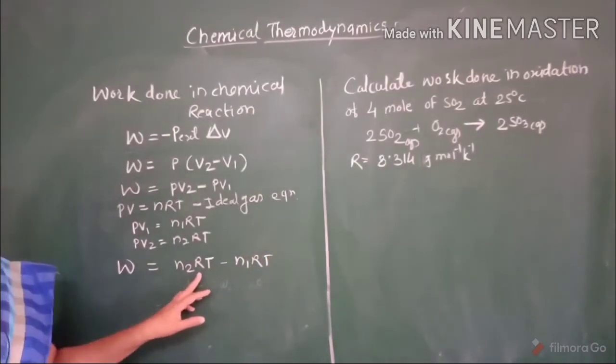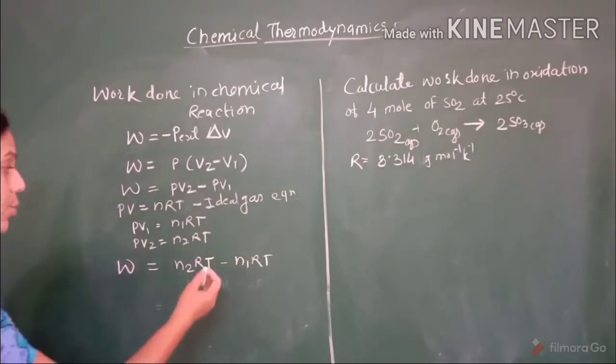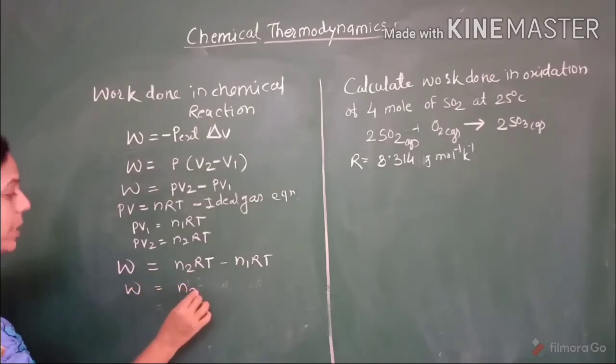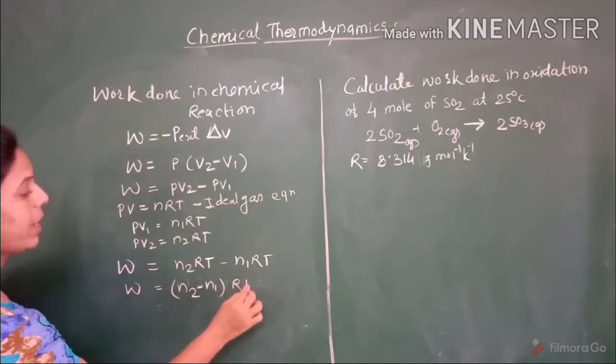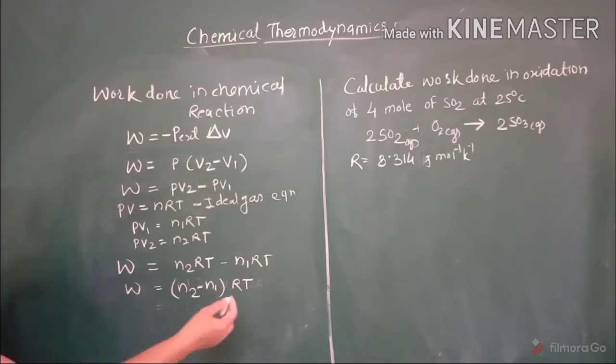Here R is the gas constant and your process is isothermal, that means temperature remains constant. So we take the constants common. What is remaining now? n2 minus n1 and RT. We keep the constants outside.